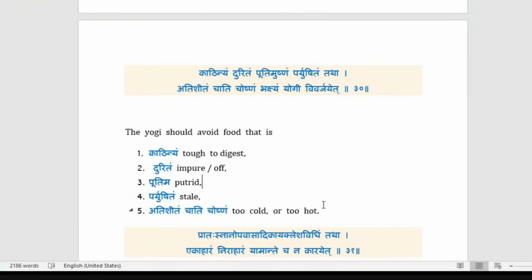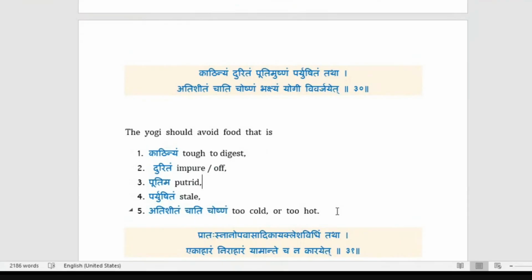So these are the 5 things to be avoided. Sadanandan ji, tell me the 5 things that a yogi should avoid. Kathinyam, tough to digest, duritam, impure, putrid, paryushitam, stale food, and ati shitam, ati ushnam, too cold and too hot. Food to be avoided by the yogi.